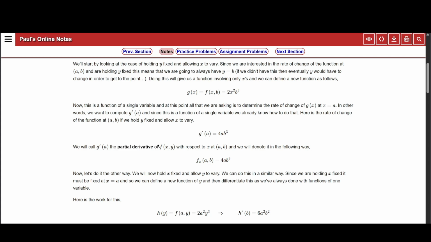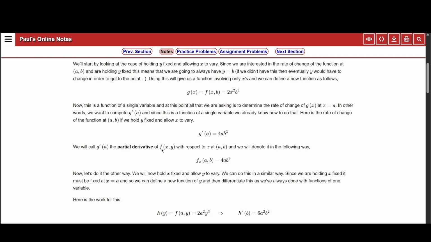It says that this is the rate of change of the function at a, b if you hold y fixed. g prime of a equals 4 times a times b cubed. We will call g prime of a the partial derivative.